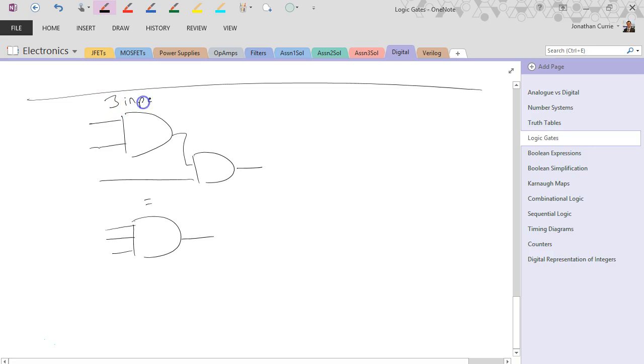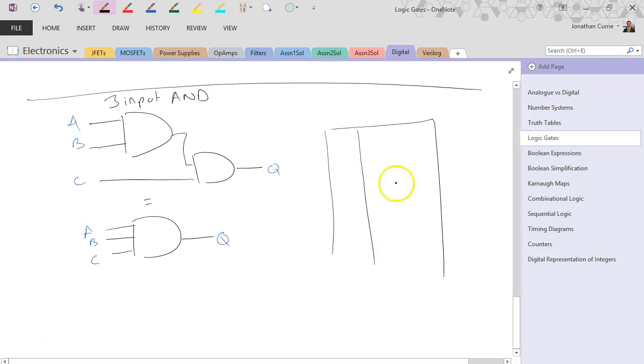So this is a 3-input AND. A, B, C, A, B, C. Both are equivalent. You can work out the truth table for this, then work out the truth table for that, or chuck it all into one big truth table with the corresponding correct number of rows and columns.